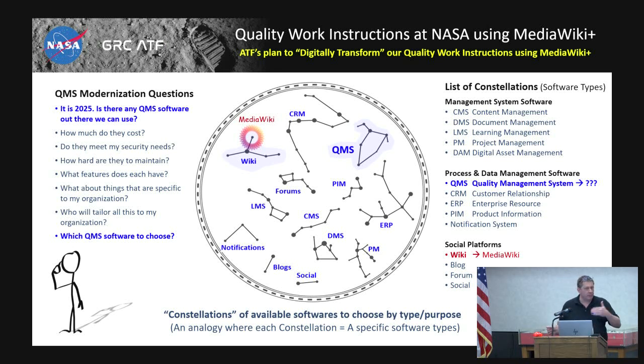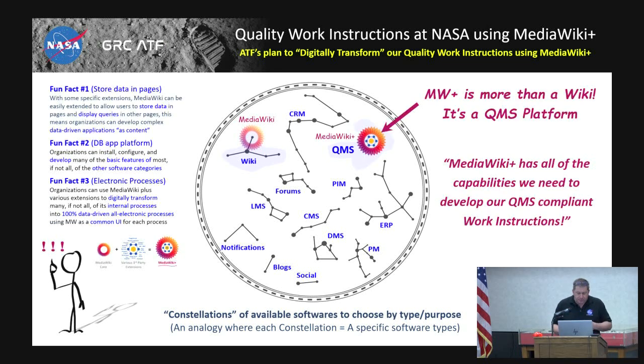And this goes back to my MediaWiki Plus claim. One realization that I've had over the past number of years is that with all of these third-party extensions that you guys provide and create, you can allow MediaWiki to save structured data within its pages, and with other extensions you can query that data back out, and that allows you to replicate the basic functions of a database platform.